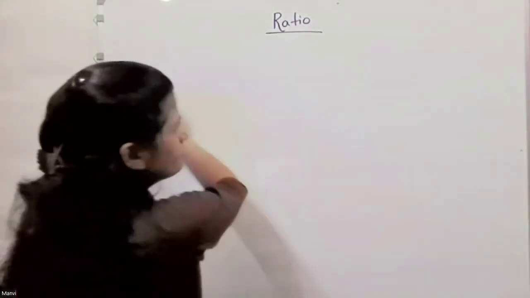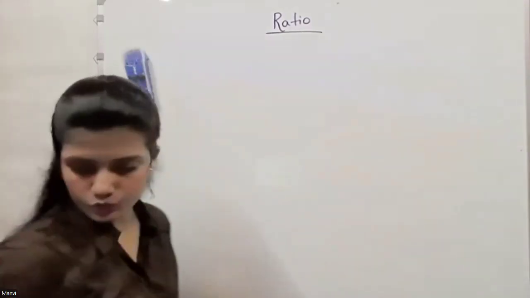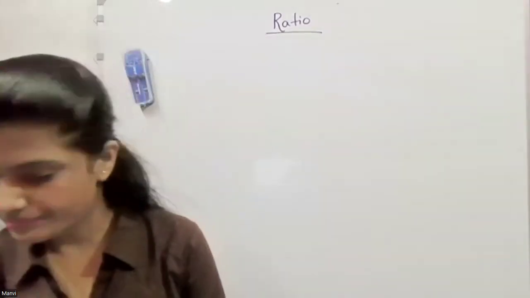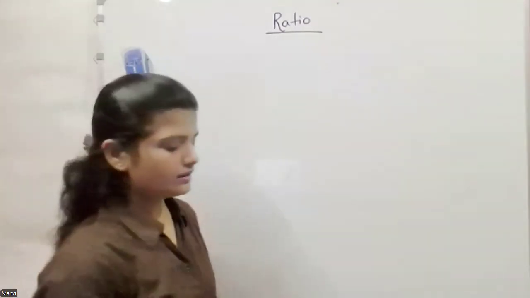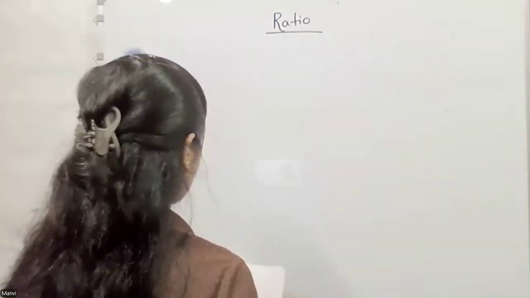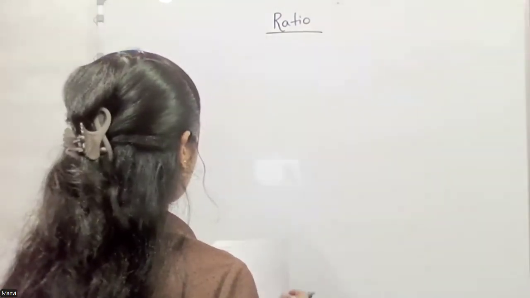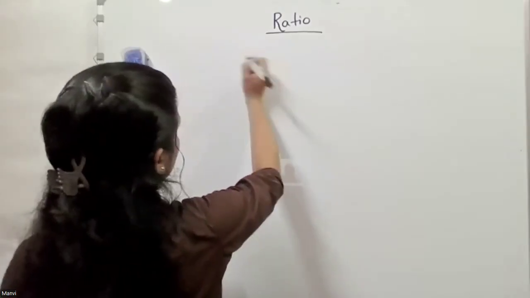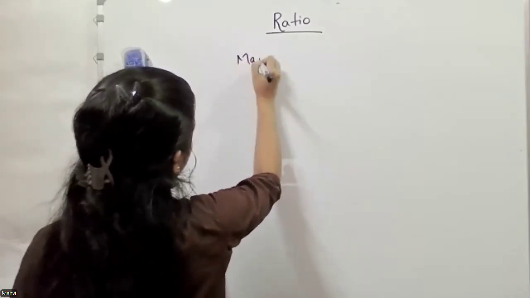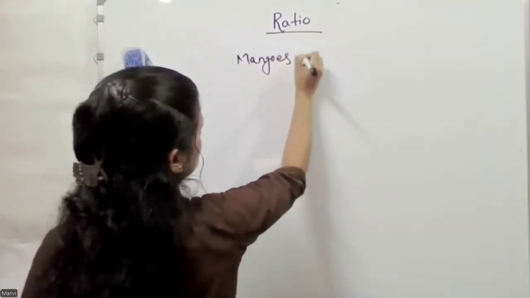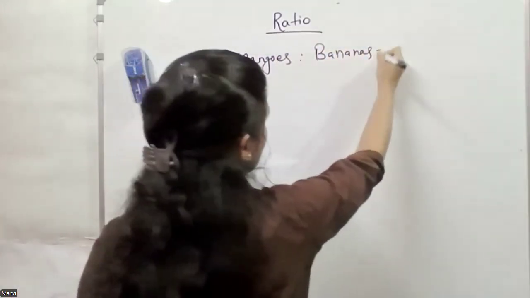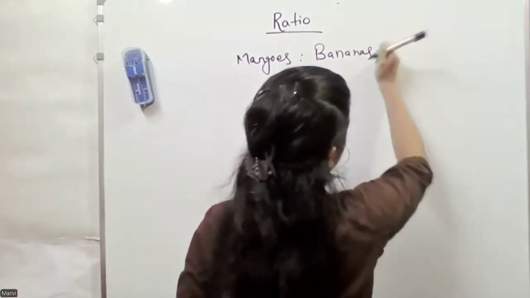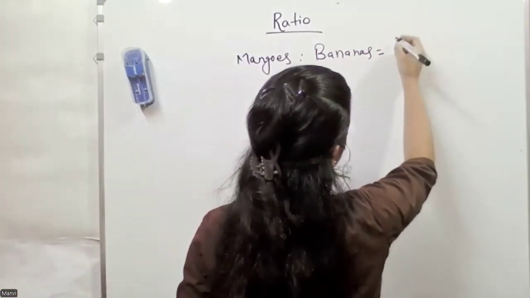Can we do a question now? Yeah, we'll do a few questions based on these. For example, now if we have the ratio of mango to banana will be 6:5.